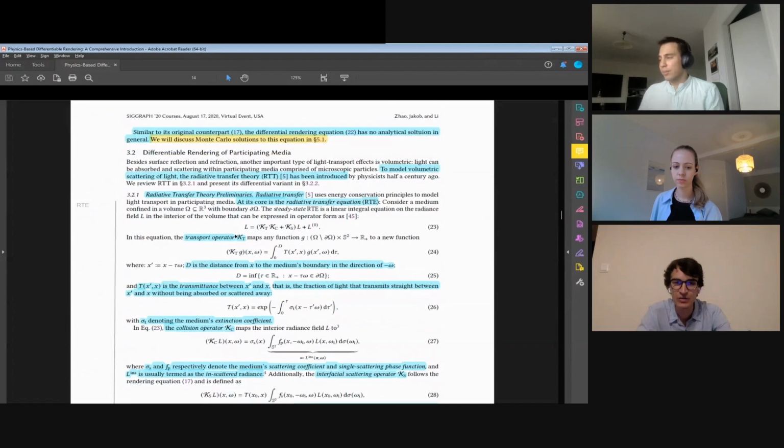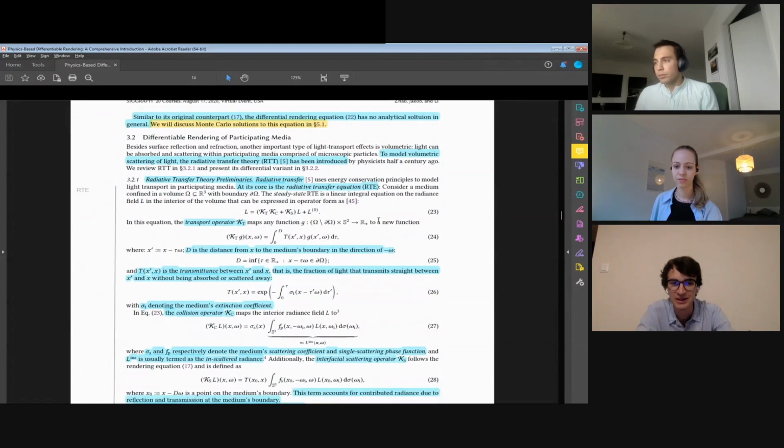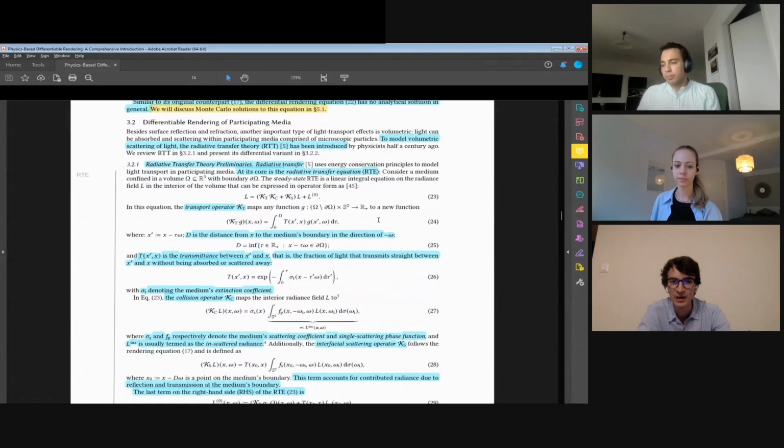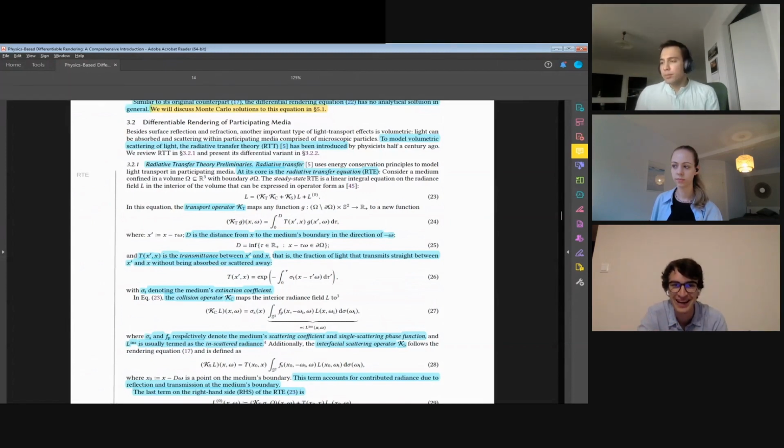Actually, I quite liked it, and I really wanted to pinpoint something. I also didn't dive really deep into the mathematics of it, but what I really liked are these little operators that they use, like these K_P, K_C, and K. I think it's so nice, and I also really like how they use these little mathematical notations.